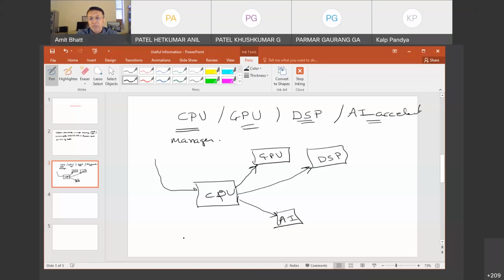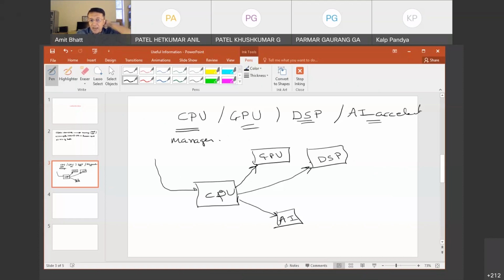And AI may be figuring out what would be your next move, or what should be the ideal thing, or which way your character should run, or which way your enemy should run. So all these things have to work together. Even if you have a very powerful GPU and a lame CPU, your performance would be determined by the lowest of all three. So once again, it makes good sense to match all the devices.